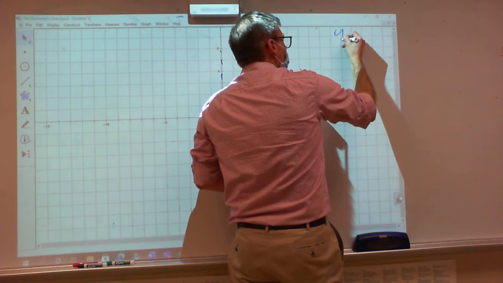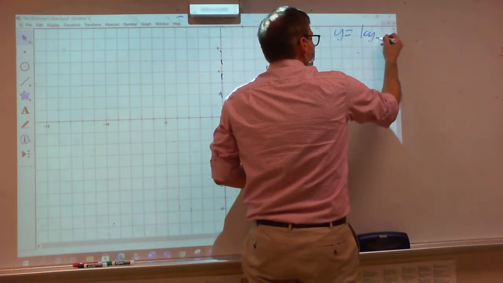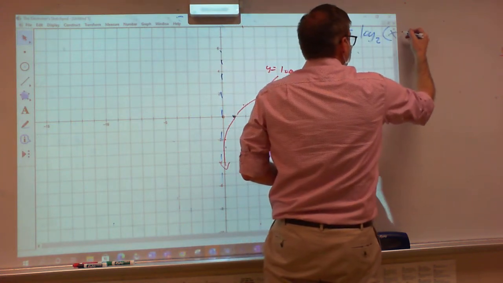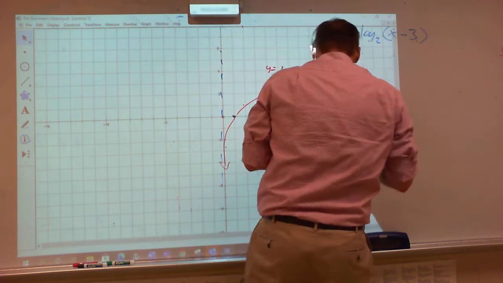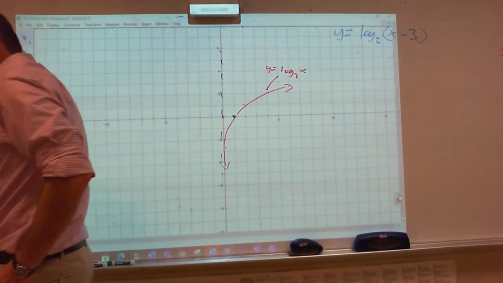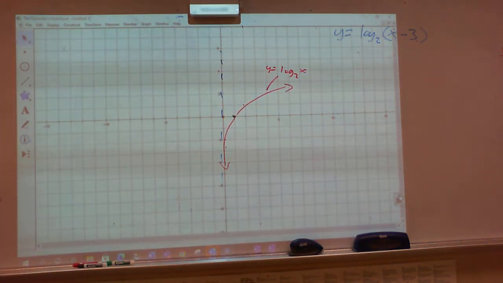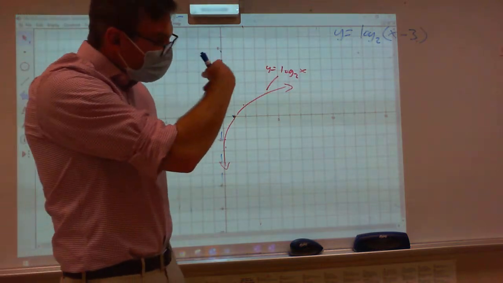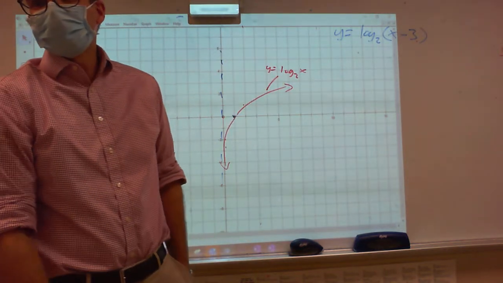What if I gave you y is equal to log base 2 of x minus 3? And I want to graph that. Well, first, what does the minus 3 do to the graph?